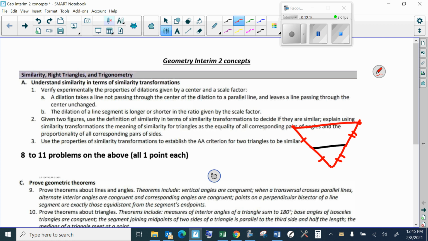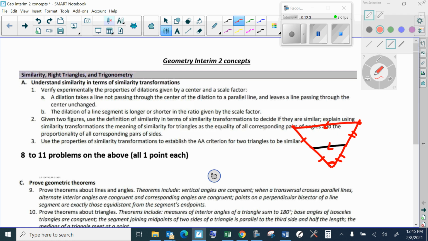Okay, well, don't forget with similarity, as we saw before, if I'm dilating some figure, a segment for example, the lines will remain parallel. So it's going to remain parallel. Now if you look at parallel lines cut by a transversal, first off, this angle is congruent to itself because it's in both triangles, the small one and the big one.